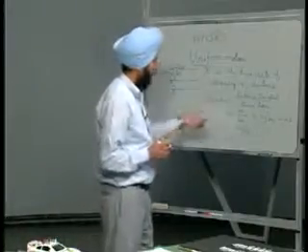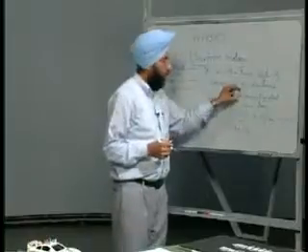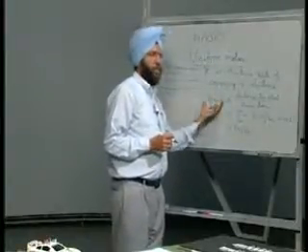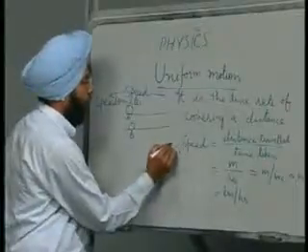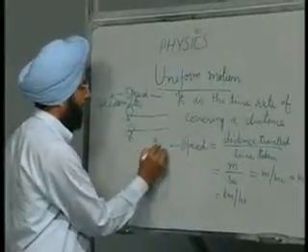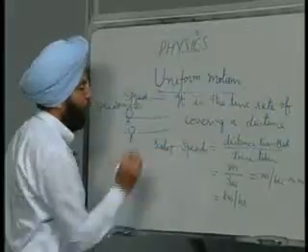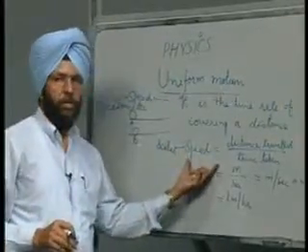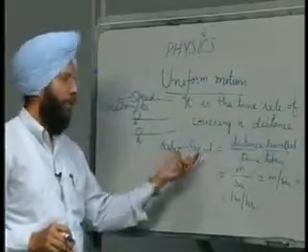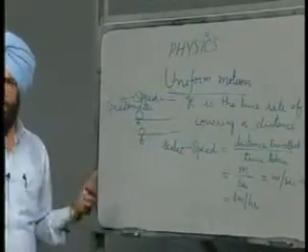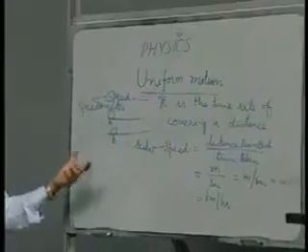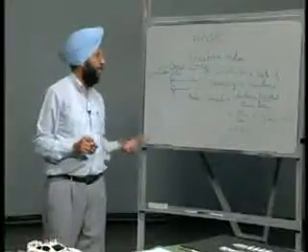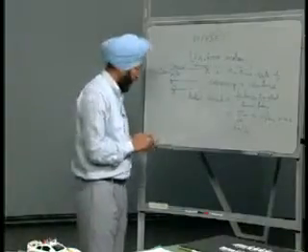Now, because distance is a scalar, similarly speed also is a scalar. We do not have to tell the direction of speed. Speed is sufficiently defined if we tell the magnitude of the speed of a body. We do not have to bother about the direction of the speed.